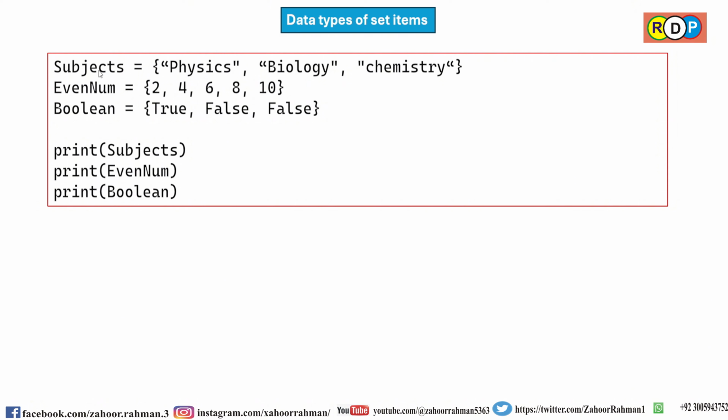So subject will be considered as a string set, and even num will be considered as an integer set, and similarly boolean values are entered which are true and false, so this will be considered as bool, and we can print all of these.